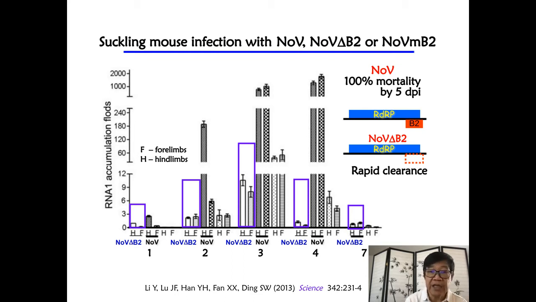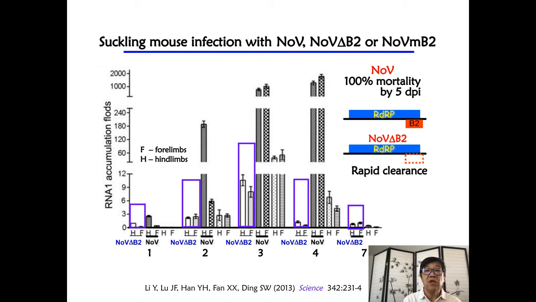As you can see, the Delta B2 virus replicates to the peak level at day 3 post-inoculation, but then drops quickly at 4 DPI and 7 DPI. Basically the Delta B2 virus level was about 1,000-fold less compared to the wild-type virus infection.